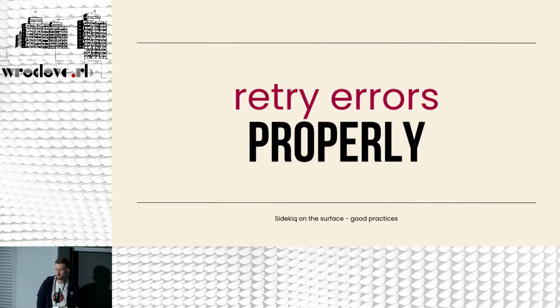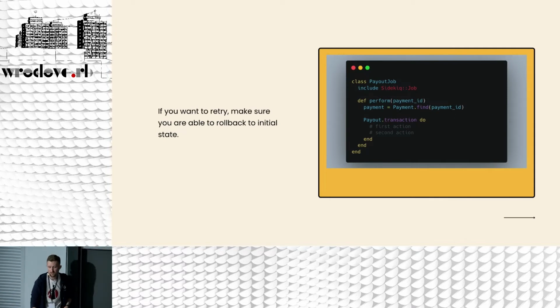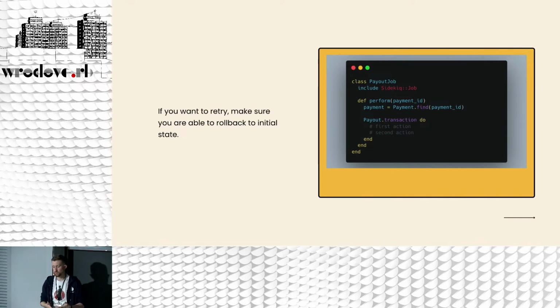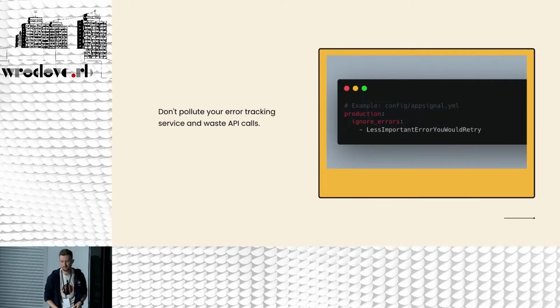And when it comes to errors, we should remember about retrying them properly. And in order to retry them properly, first of all, we have to make sure that we are able to roll back to the initial state. That's why we need a smaller job. Because if you are going to retry the job, you don't want to duplicate anything. You don't want to make any unnecessary API calls, as this can harm your performance or do other nasty stuff.